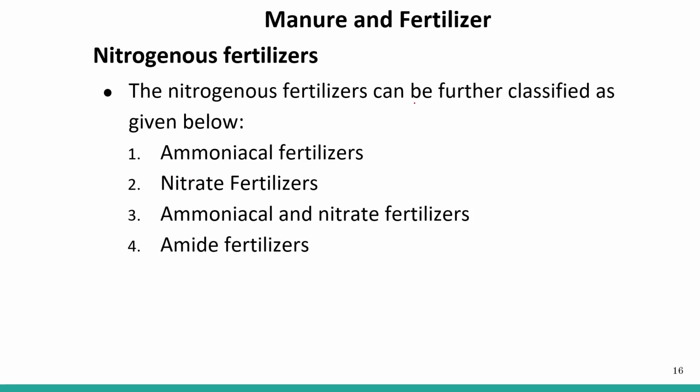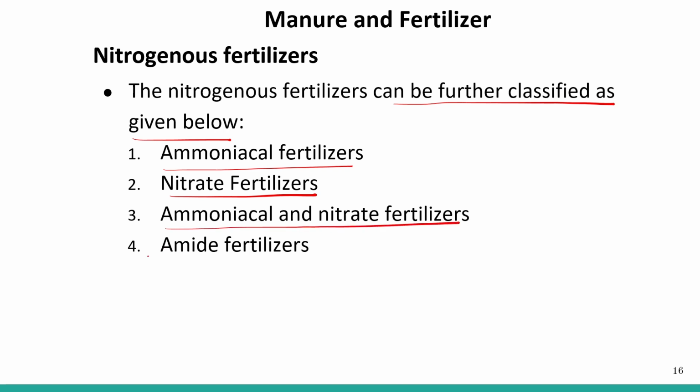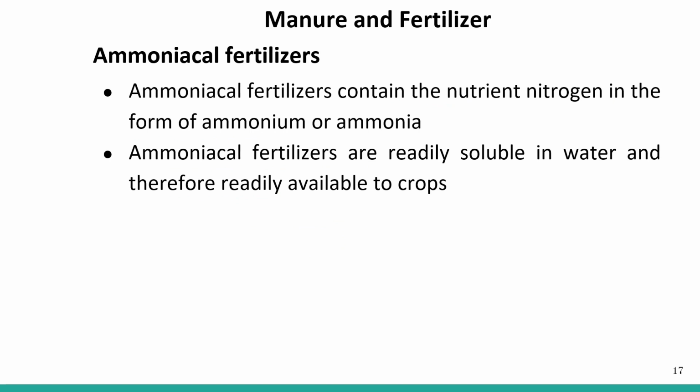Now, nitrogenous fertilizer can be further classified as given below: ammonical fertilizers, nitrate fertilizers, ammonical nitrate fertilizers, and amide fertilizers. So we have four different types of nitrogen fertilizers, and we are going to study them in great detail. The first one is ammonical fertilizers.